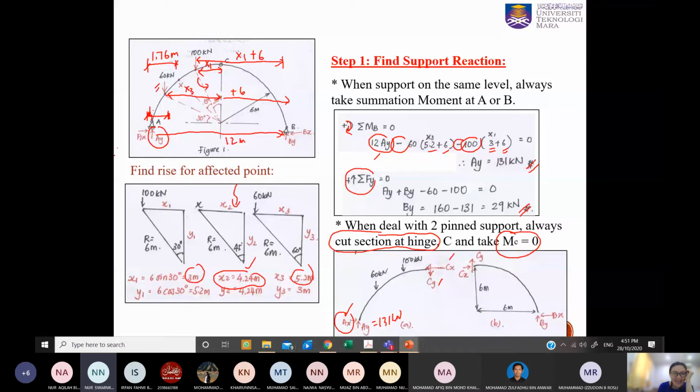Yes, 6 minus x2, because I'm talking up to X. We already determined this x to this center of this rise, so it's x2. So 6 minus x2, you got 1.76 meter. Just to make sure you know the way to get the 1.76 meter.